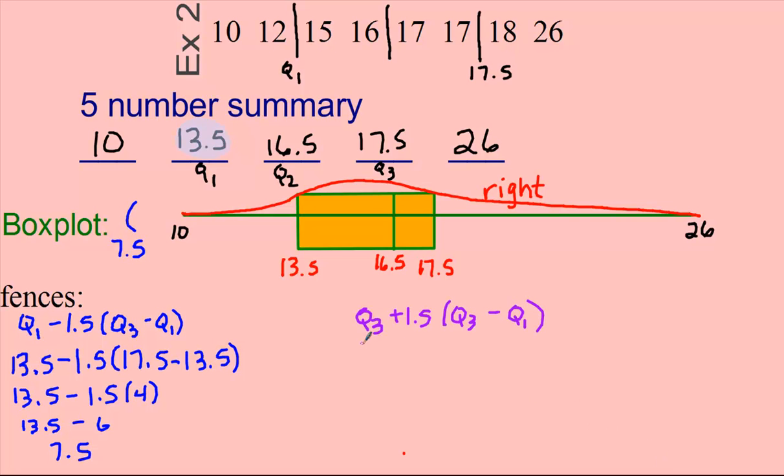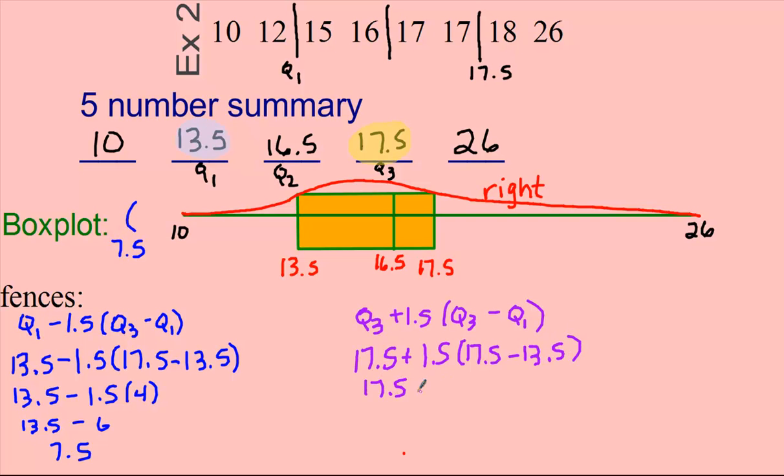My upper fence would be using the Q3 value of 17.5 as its most important starting point. 17.5 plus 1.5 times Q3 minus Q1.